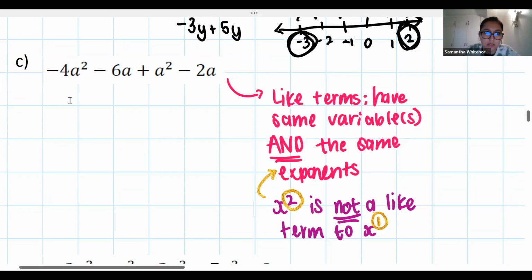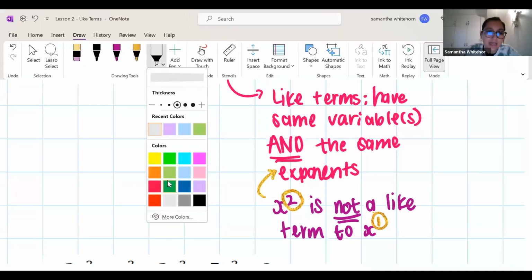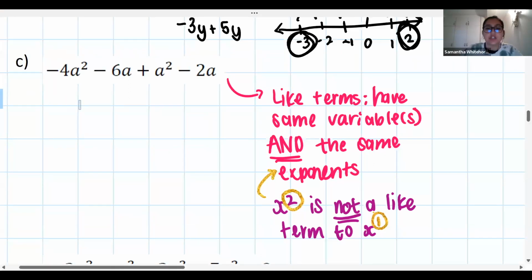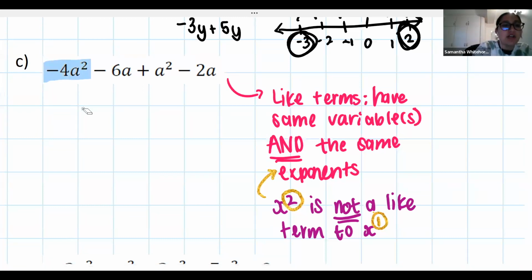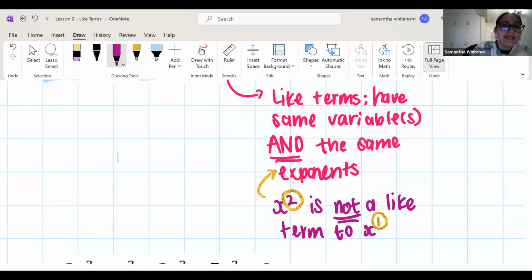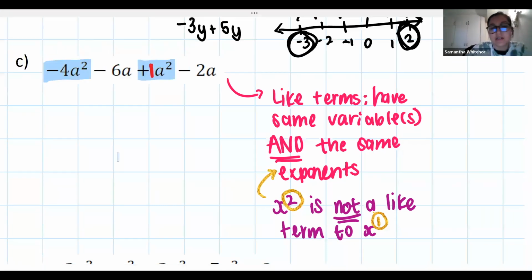Very important. So what that means is when we get an expression like what we have in C, we need to be very careful when we identify our like terms. The first term I see here has an A squared. So I'm looking for any term that has an A squared, and it has to be A squared. That would then be this plus A squared. And remember, there is an invisible 1 in front of the A squared.